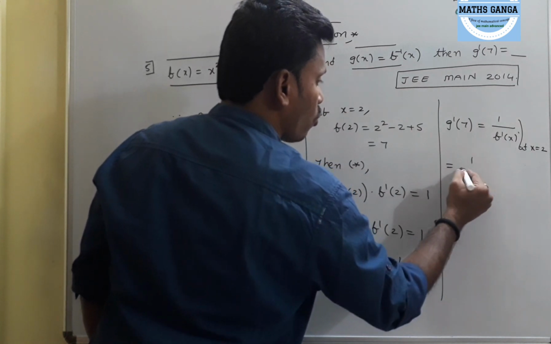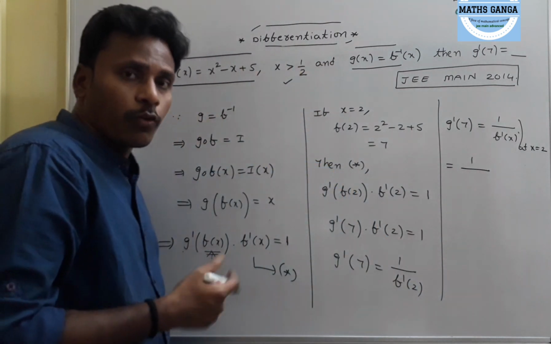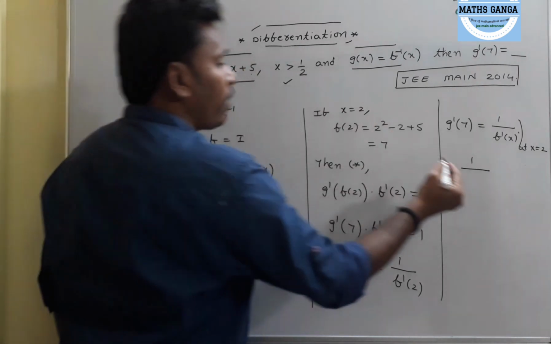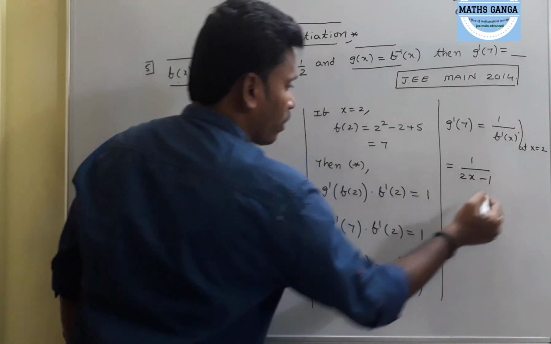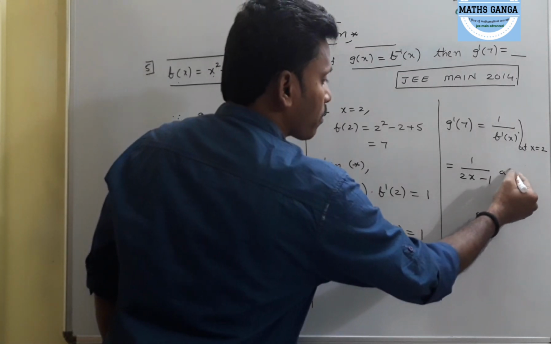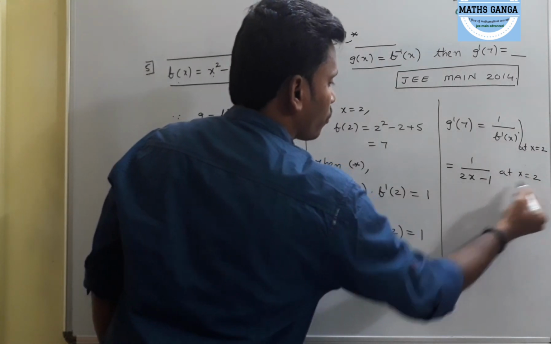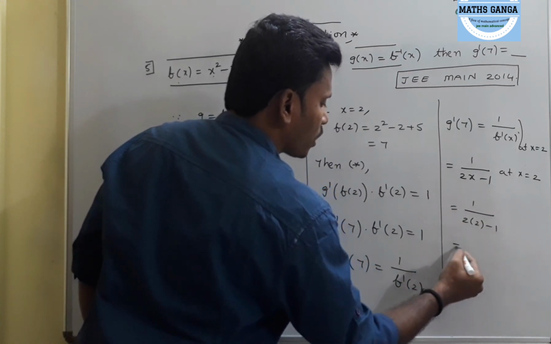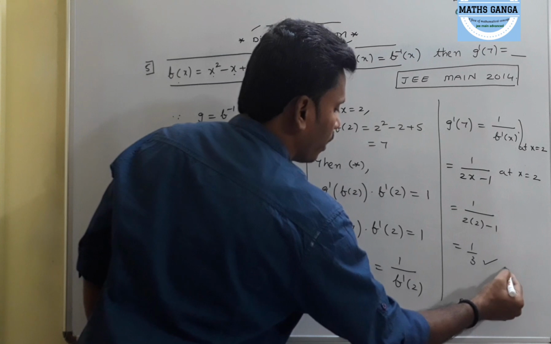What is the derivative of f of x? f of x is x square minus x plus 5, its derivative is 2x minus 1. For x square it is 2x, for x it is 1. So 1 by 2x minus 1 at x is equal to 2 becomes 1 by 2 into 2 minus 1, so 1 by 3.